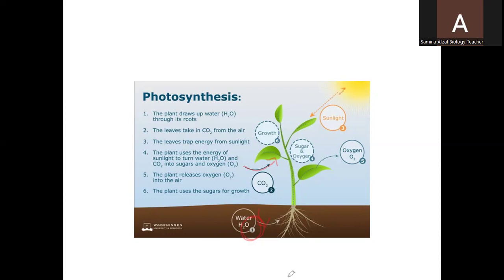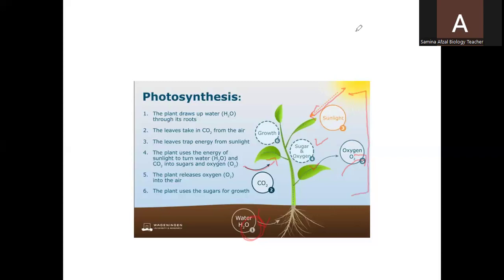Sunlight is captured by chlorophyll, and then there will be the formation of sugars and oxygen. Extra oxygen goes into the air. So in this way, the whole process of photosynthesis takes place.